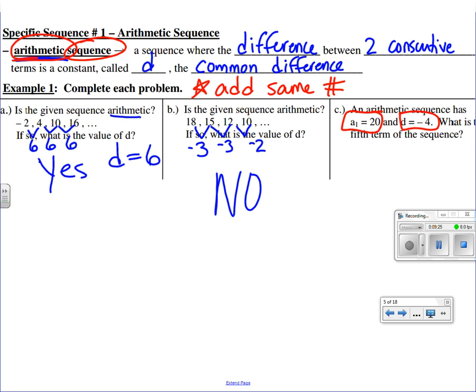Very good. So the first term is 20, and we got to get to the fifth term, and we're going down 4. So after 20 would be... Okay. So what is the answer to the question? All right. Questions on those three?